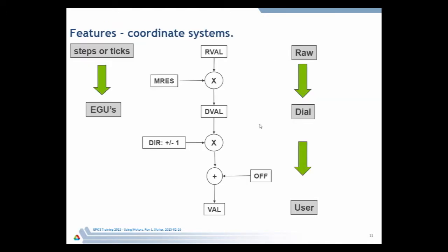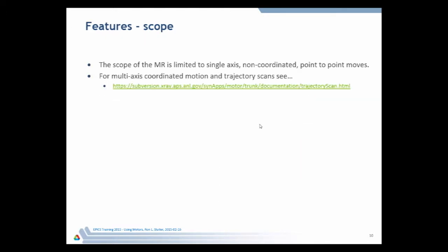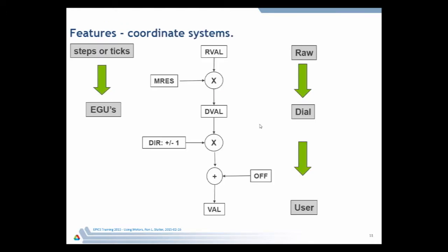All right, so I'm transitioning here somewhat from talking about the motor module in general to the motor record specifically. One of the biggest things that the motor record does for you is give you 3 coordinate systems to work with.